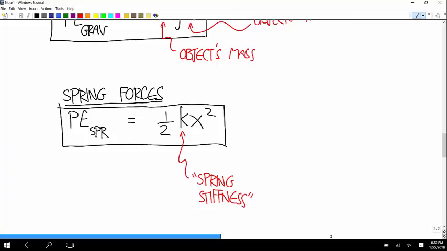If you have a spring that's really flimsy, easy to stretch, it has a small value. And this x is the distance that the spring is stretched or compressed from its resting length.